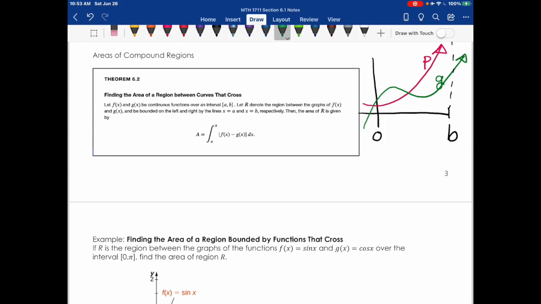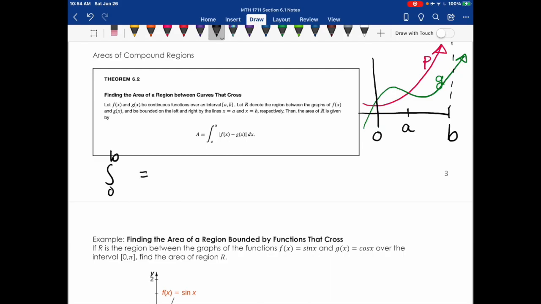If you notice, on that entire interval from 0 to b that we're interested in, one function is not always above the other because they cross. So in order to use that same method we used in the previous examples, one function always has to be above the other.